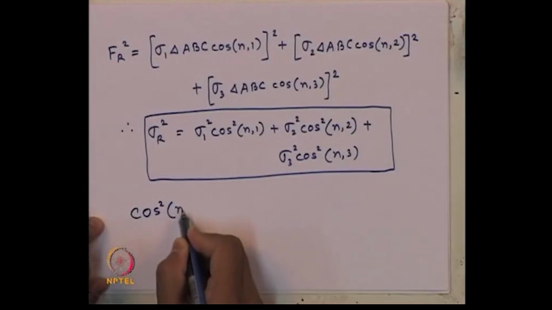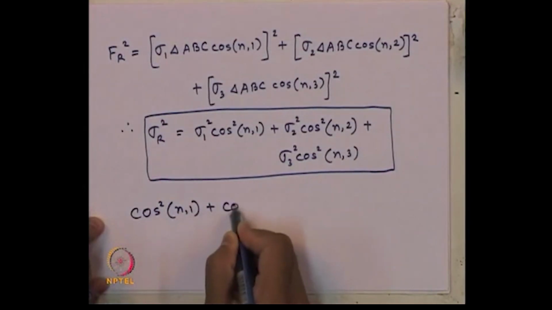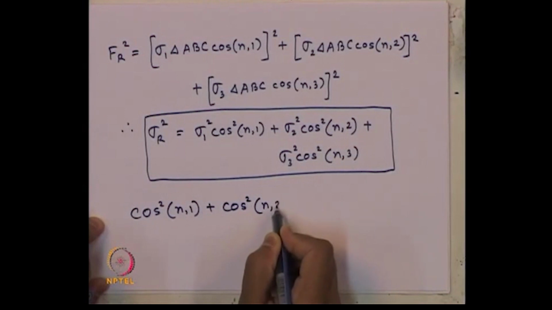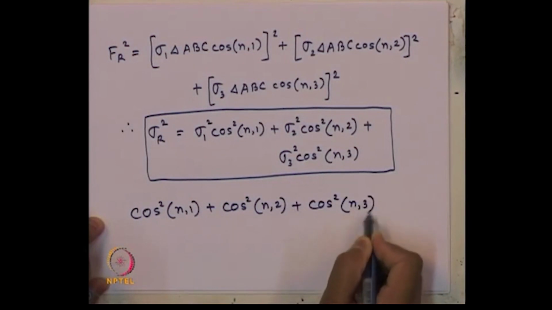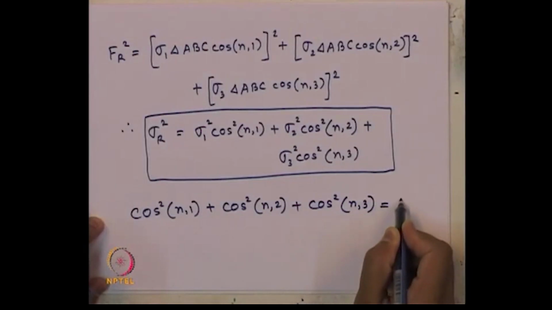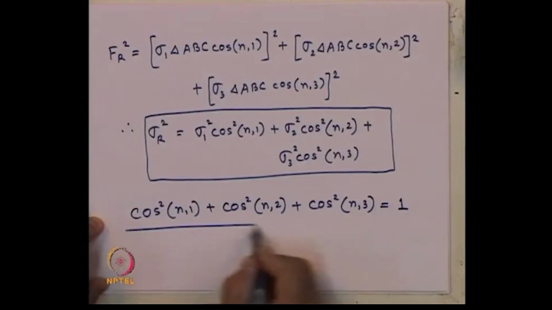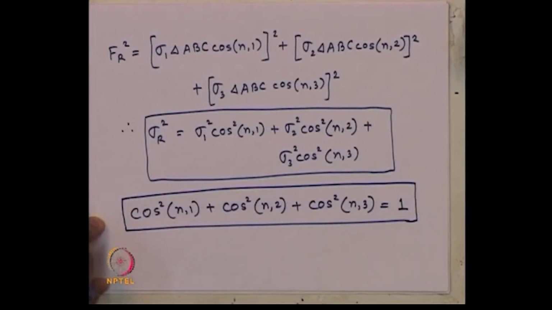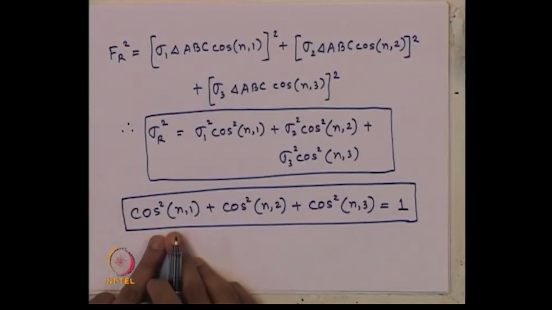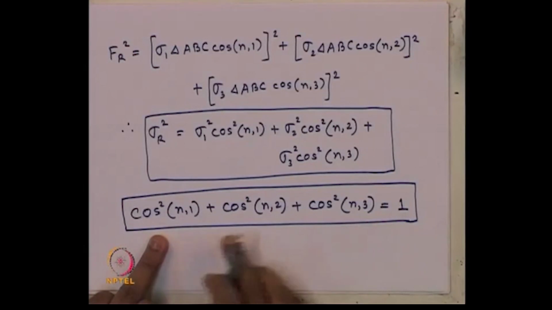Cosine square n1 plus cosine square n2 plus cosine square n3 must be equal to 1, right. This is the cosine rule of any inclined plane with respect to the 3 orthogonal axis system. Some books denote it by l, m and n: l square plus m square plus n square equals 1.